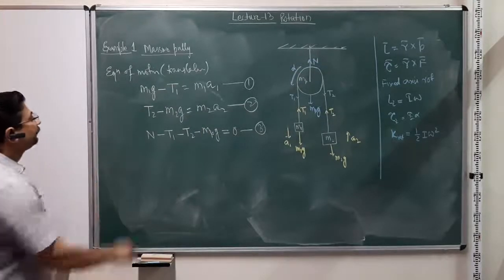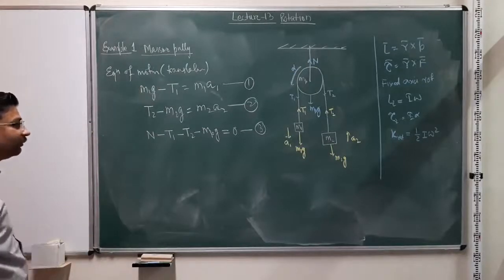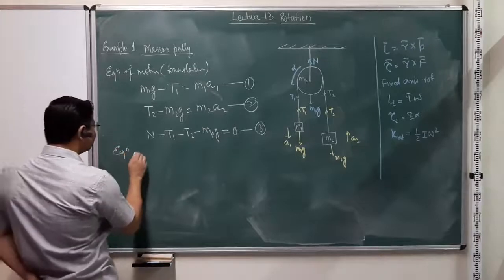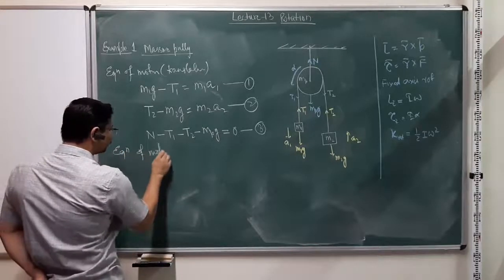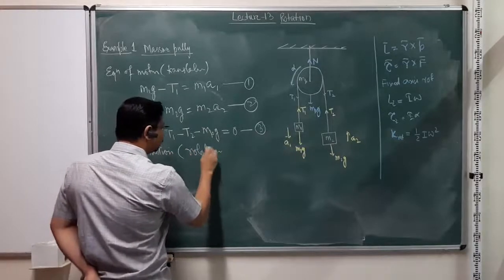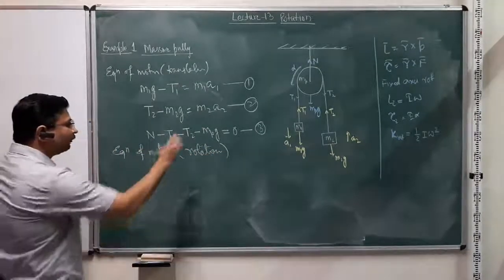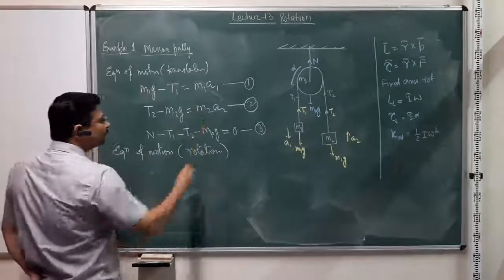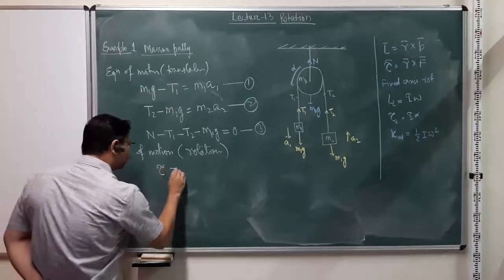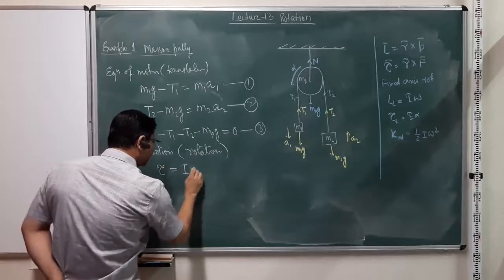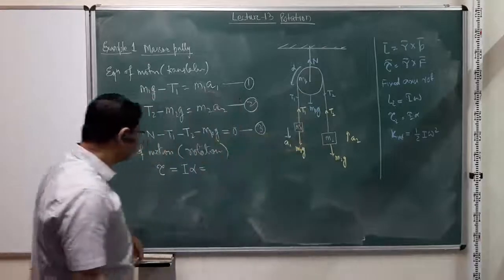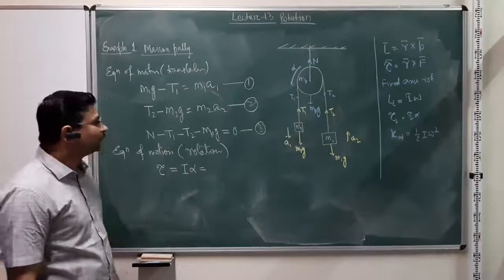Anyway, so these are the 3 equations of motion related to translation, and now we will have an extra set of equations: the equation of motion for this system, considering the rotation of this pulley, right? And what is the equation of motion? Since the pulley is undergoing rotational acceleration, it will have a torque acting on it. Now this is a case of fixed axis rotation as far as the pulley is concerned, so tau is equal to I alpha.